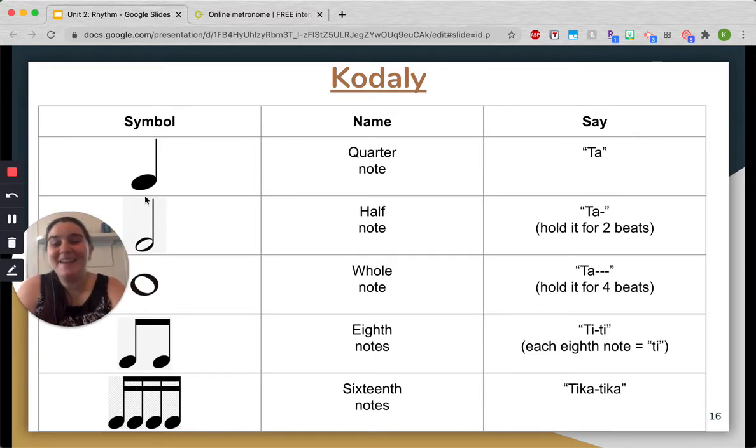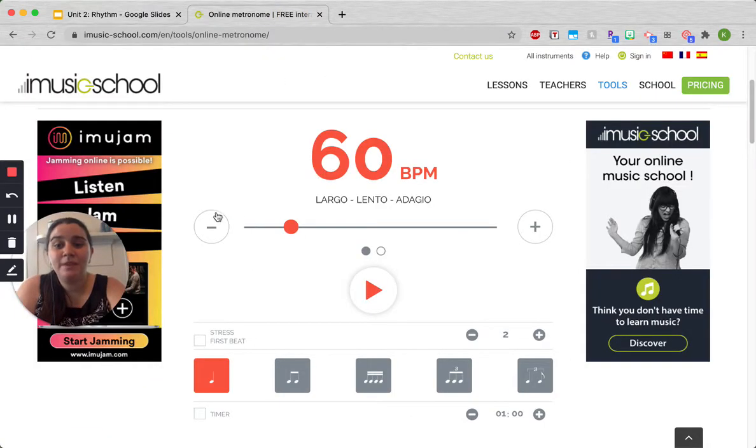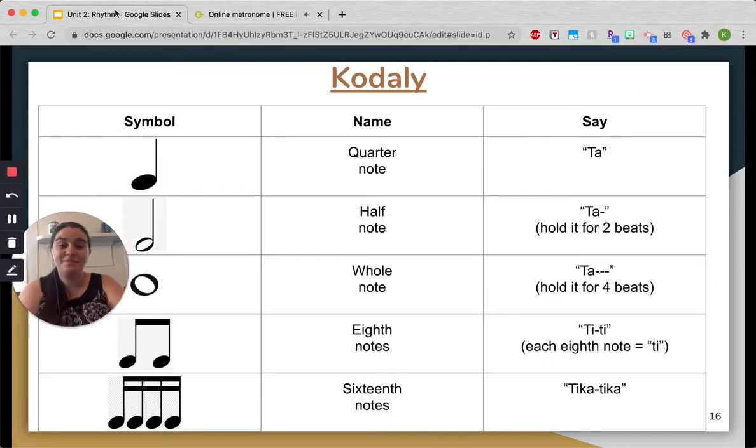Next we have our half notes. And our half notes get 2 beats of sound. The rhythm syllable for half notes is going to be the same as with our quarter note. We're going to say ta, but we're going to hold out the syllable ta for 2 beats because our half note gets 2 beats of sound. So if I get my metronome back on, here's what a couple half notes would sound like.